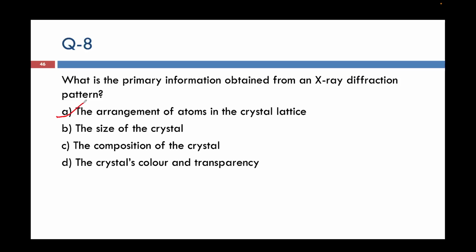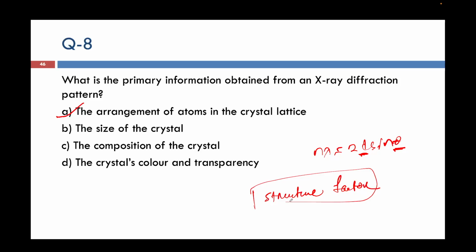Arrangement of atoms is another concept we will get, like how the crystals are arranged based on their position, because as we vary theta in nλ = 2d sin θ, the position will change, the d will also change. So we will be able to know how the atoms are arranged. We will also be studying another term known as structure factor, which will give us more information.